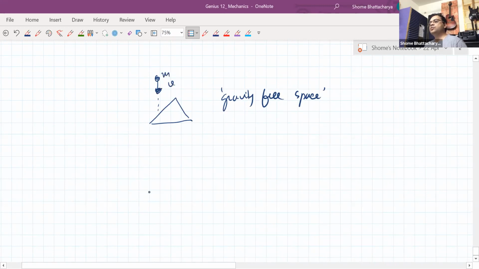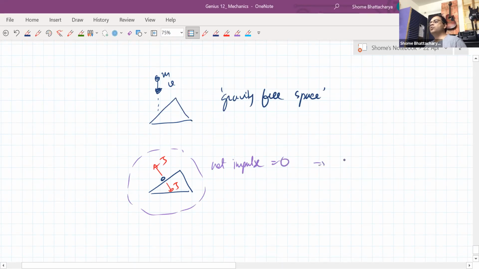In that case, just after impact or during impact, this is the only impulse that would act, this and this. So for this system, the net impulse would be 0. So that is why the momentum of the system would be conserved.